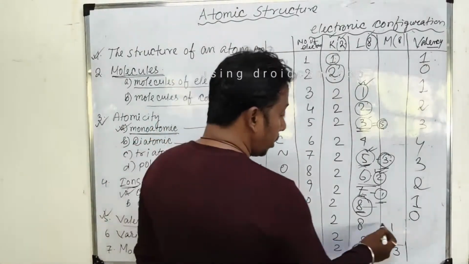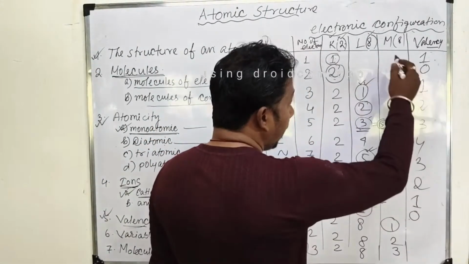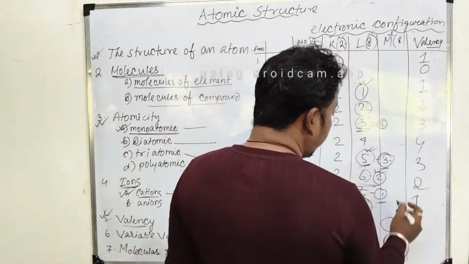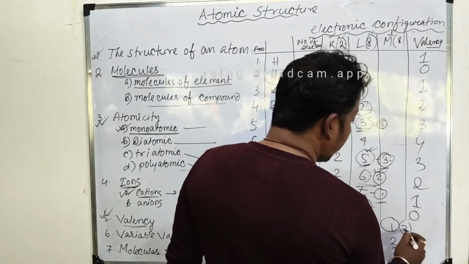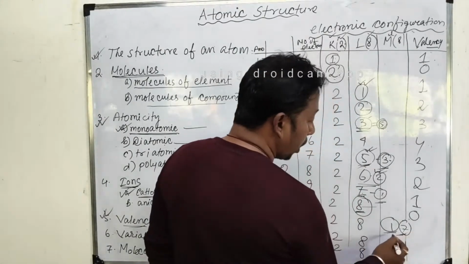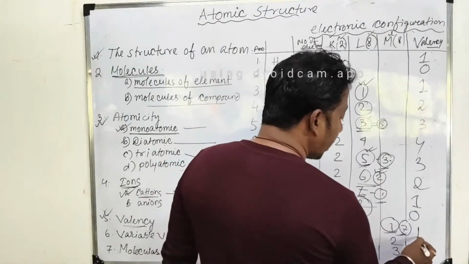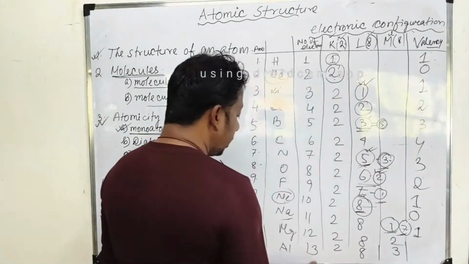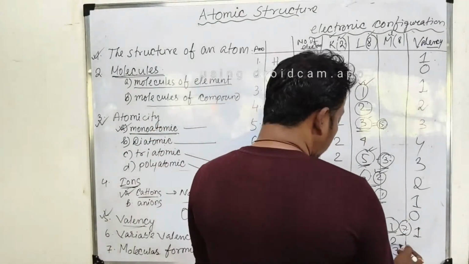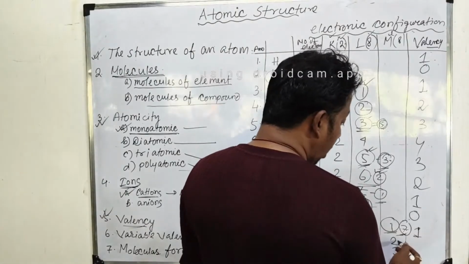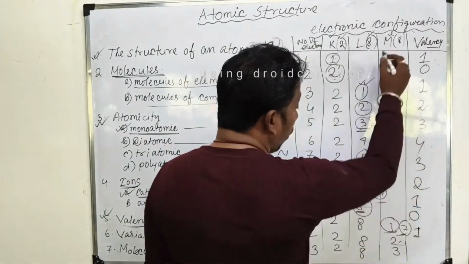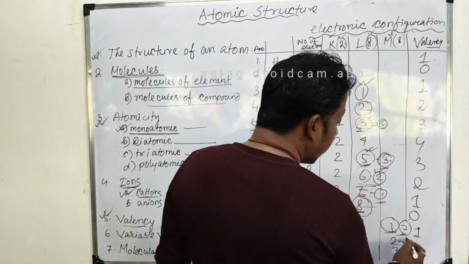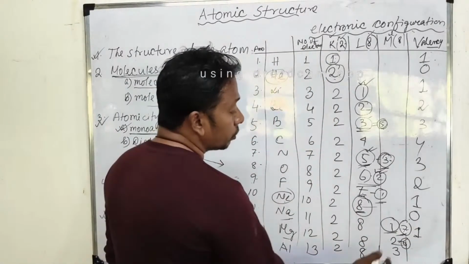Okay, think about sodium. The outermost shell contains 1 electron, and to fulfill the octet it needs 7 more electrons. Which one is smaller, 1 or 7? 1. So the valency is 1. In the case of magnesium, the outermost shell contains 2. To fulfill its octet, it needs 6 more electrons.